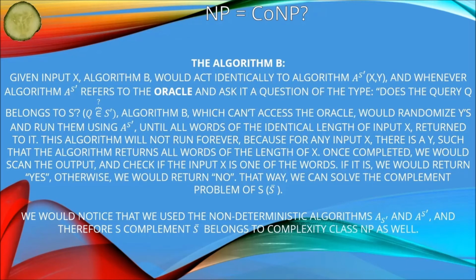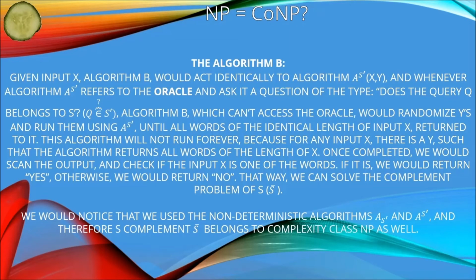And whenever algorithm A_S' refers to the oracle and asks it a question of the type, does the query Q belong to S prime? Algorithm B, which can't access the oracle, would guess and run them using A_S' until all words of the identical length of input X return.